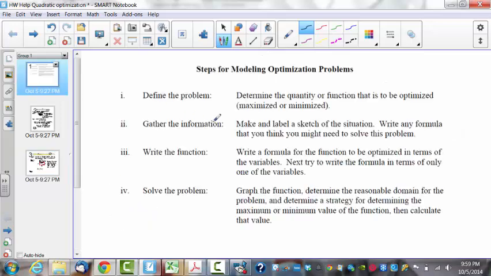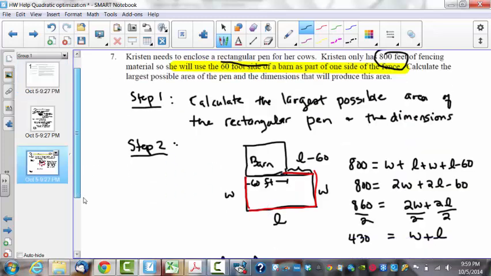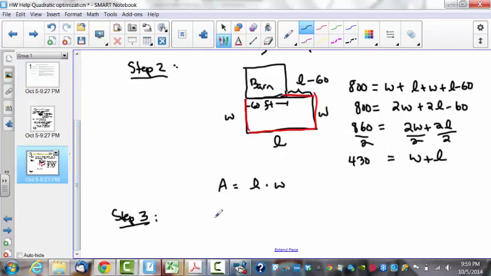Okay, step 3. Let's remind ourselves what step 3 is. Write the function to be optimized in terms of one of the variables. So we want to optimize or maximize the area, which is area equals length times width, and we would like to have the length or the width written in terms of the other. So it doesn't really matter in this case what you pick.